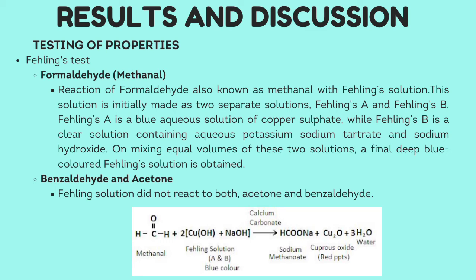As you can see in this picture, the methanal added to Fehling's solution, which is the A and B or the blue color, added to NaOH yields HCOONa or sodium methanoate, added to Cu2O or the cuprous oxide, the red precipitate, added to 3H2O or the water.